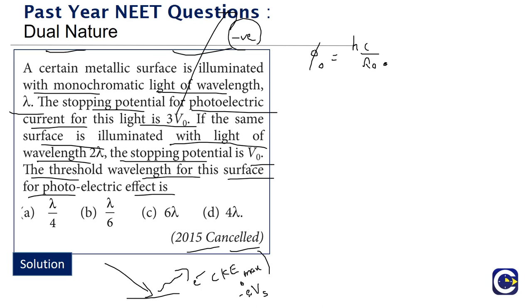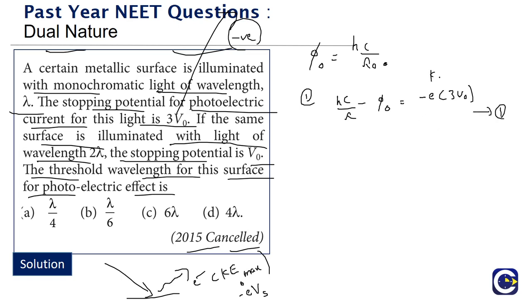Why minus e? Because that is the charge of the electron, and Vs is the stopping potential. So the first relation: we are incident with light of wavelength lambda, so incident energy is hc by lambda, minus work function, is equal to minus e into 3V0. So this is equation 1.